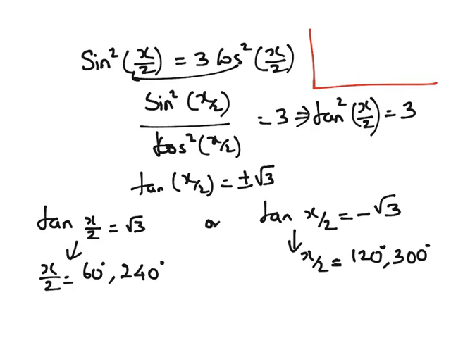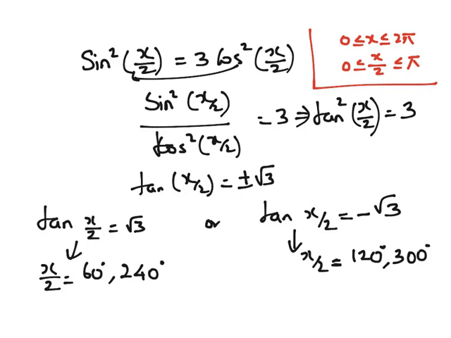It is given that x lies between 0 and 2 pi, which means x upon 2 lies between 0 and pi. That means you can take only till 180 degrees.